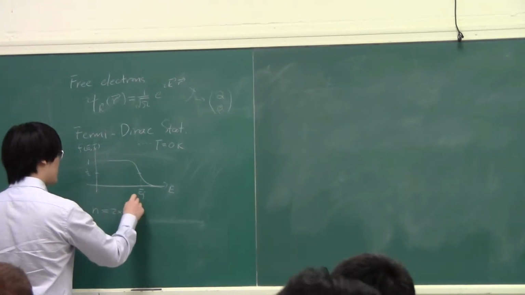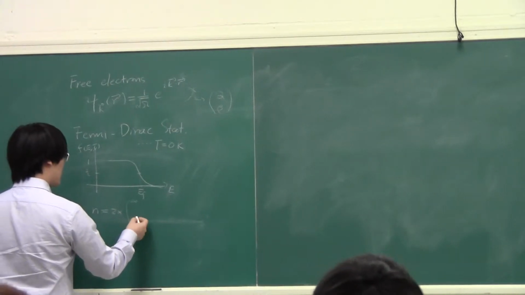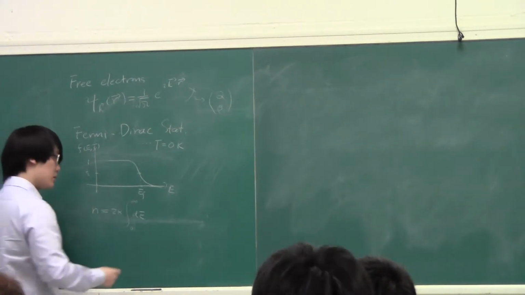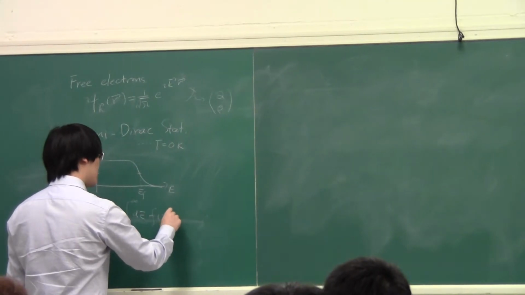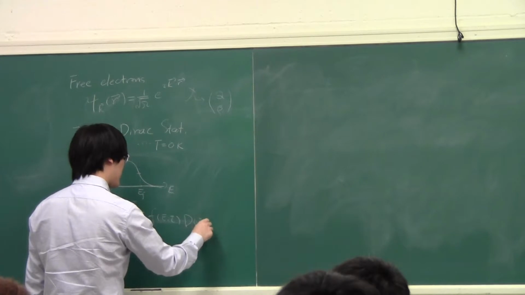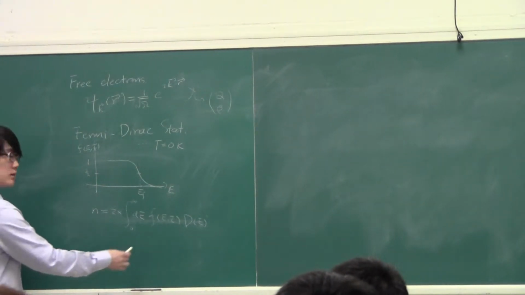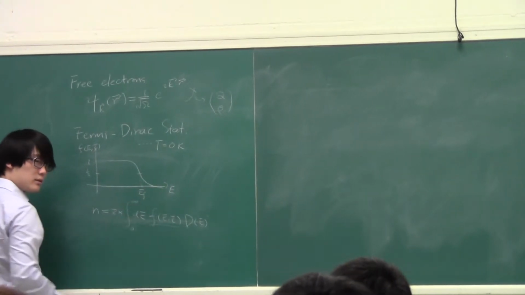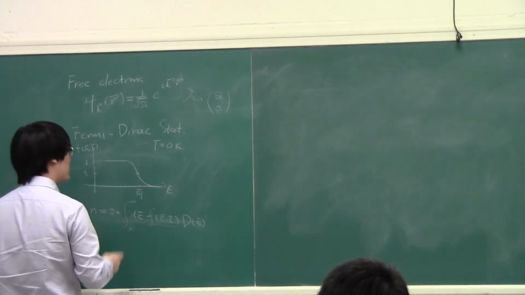And I integrate from 0 to infinity. Actually, integrating over the energy, multiplying by the probability that this energy state is occupied and the density of states. Okay. So now at 0 temperature, we know that this is replaced by a step. So it basically replaces the upper integration limit with EF.